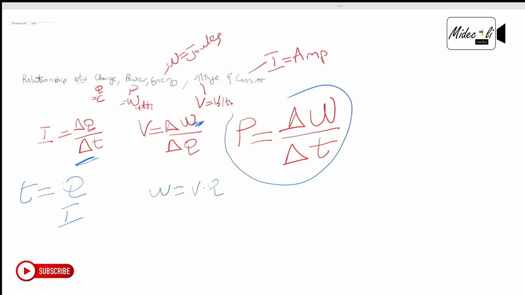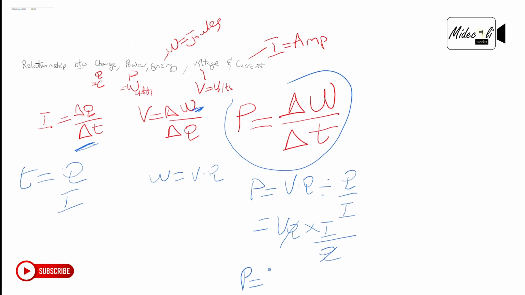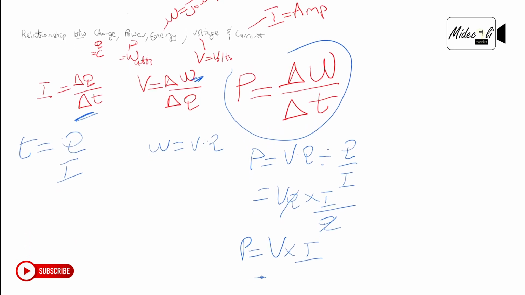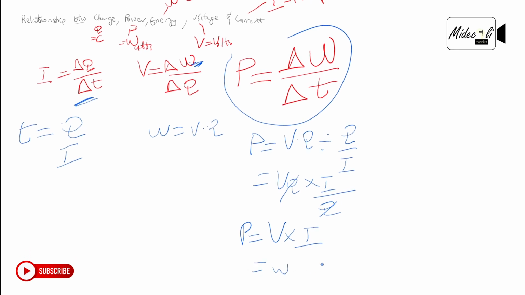So substituting these values here, we have P is equal to our W, which is VQ, divided by our T, which is Q over I, which becomes VQ times I over Q, where Q cancels Q, and we have our power to be voltage times current, measured in watts.